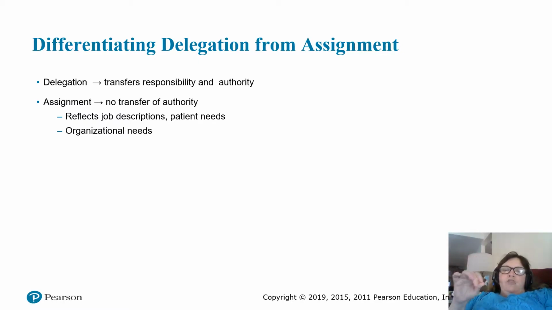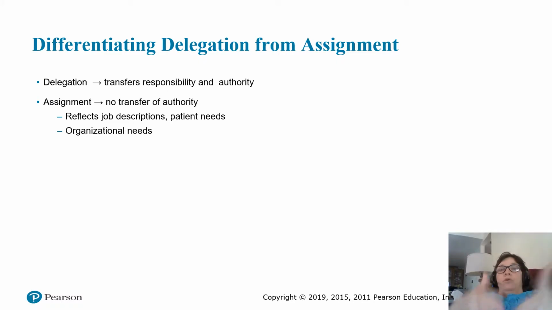What happens in delegation is you're transferring responsibility and authority, whereas in assignment, there's no transfer of authority. It reflects job description, patient needs, and organizational needs.